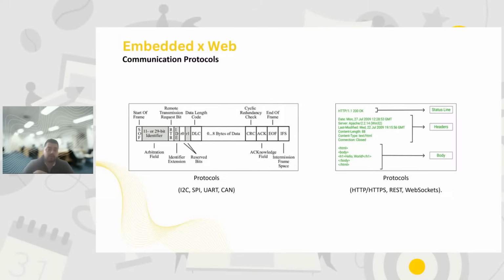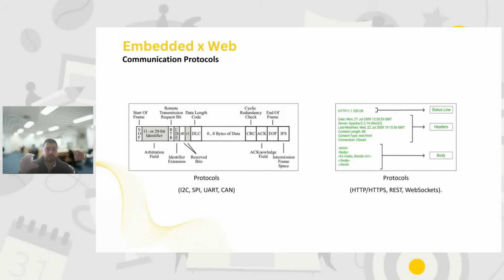A protocol is nothing more, nothing less than a set of rules to communicate. How will we communicate? And this principle is exactly the same in both systems, web and embedded. The difference is the protocol itself. So, summarizing, both systems use protocols to communicate.